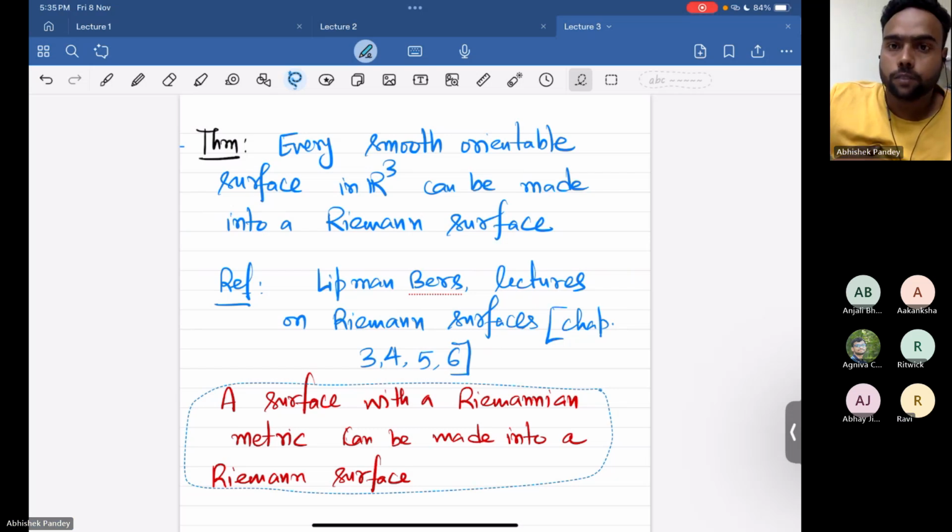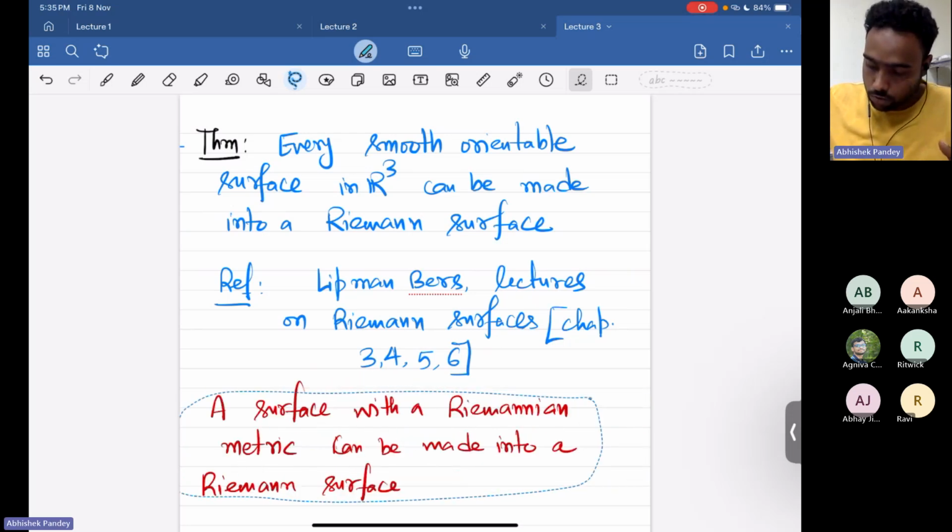I see. But if mu is just smooth? In our case, since we have a smooth orientable surface in R3, the kind of mu we are getting is continuously differentiable, or maybe smooth. So the W which we are getting is also going to be smooth.